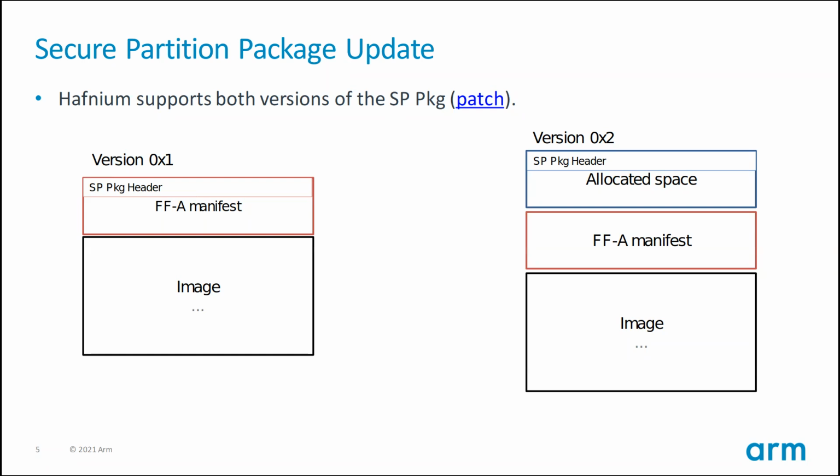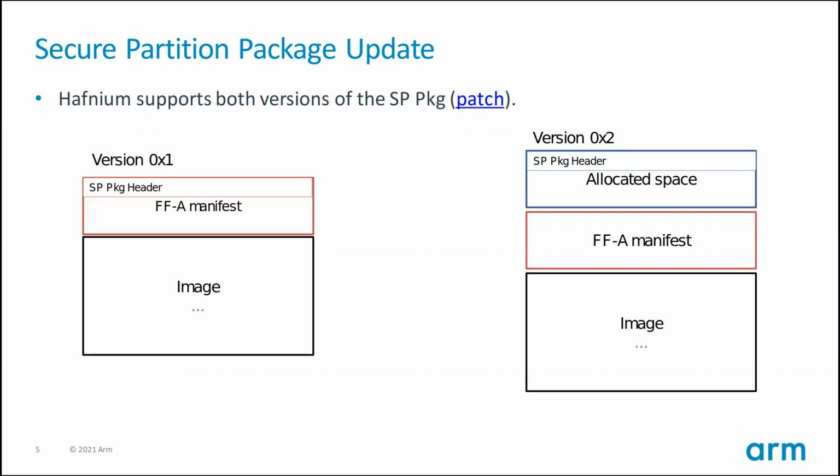With this, Hafnium would just need to map the whole region as read-only, parse the secure partition package header, fetch the offset for the FFA manifest and process it, and then initialize the SP.